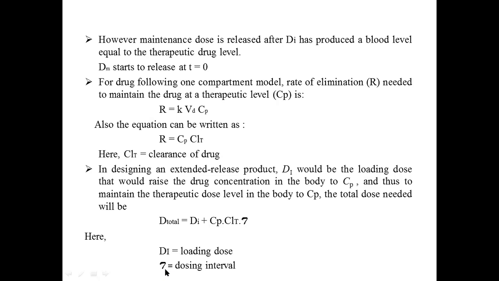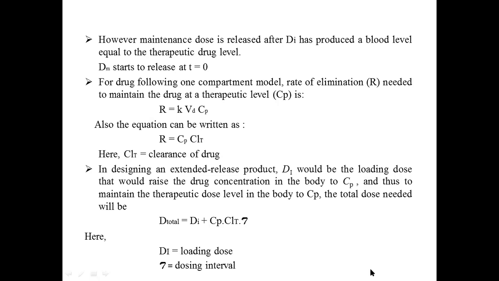The initial dose would be the loading dose that would raise the drug concentration in the body to a therapeutic level Cp, and to maintain the therapeutic level in the body, the dose needed is given by the equation D total is equal to Di plus Cp times clearance of drug, CLT, times dosing interval T. The sign T is the dosing interval.